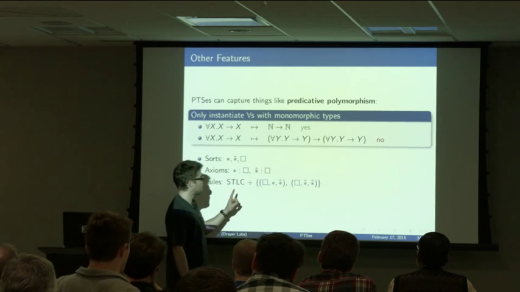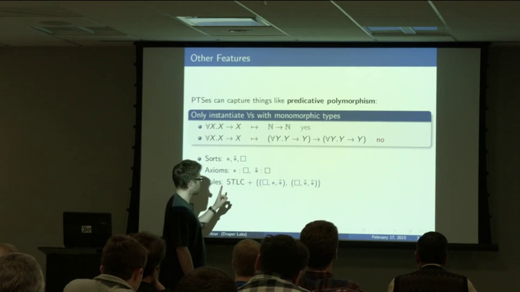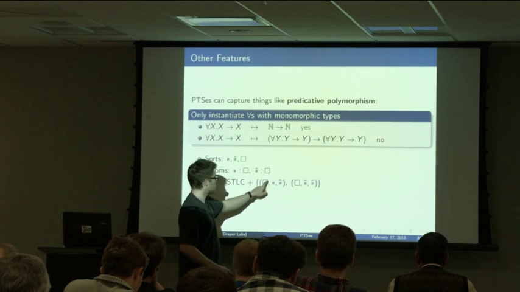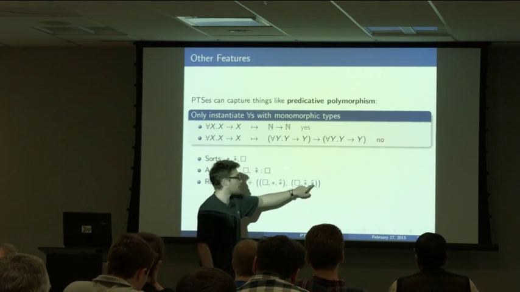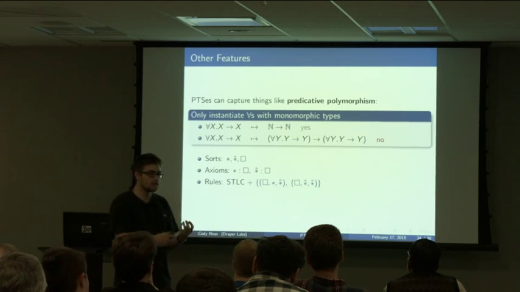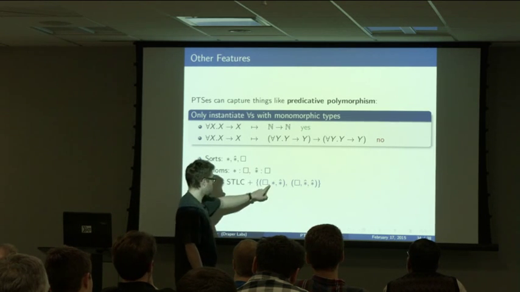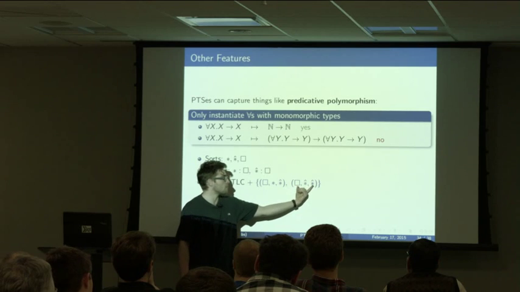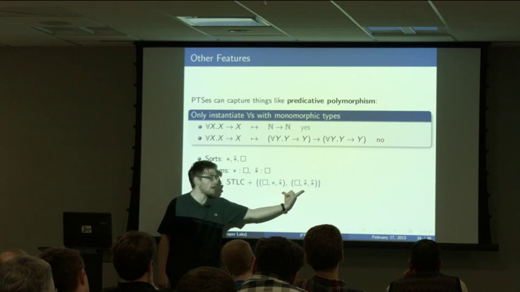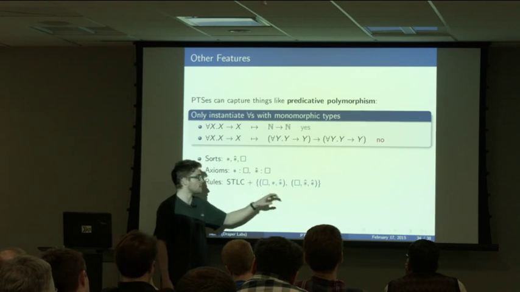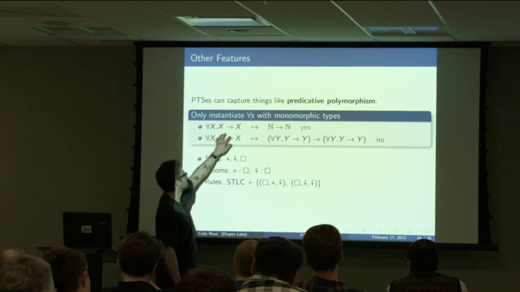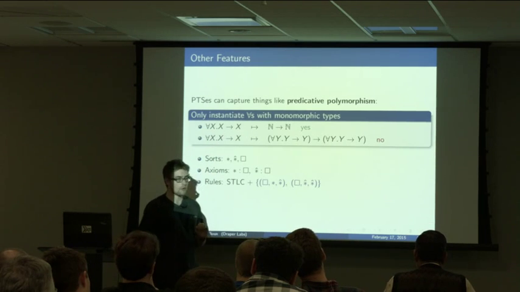Okay? Now instead of having box star star, which is what you have in system F, you have box star star hat, and then box star hat star hat. So you can start quantifying over types and get into star hat, but you jump out of star, okay? And you can't form function types at this level anymore. You have the simply typed lambda calculus, so star star star, and then you have these other guys. It turns out that if you do this, then you have exactly the behavior you wanted, which is you can only instantiate the for-alls with monomorphic types.